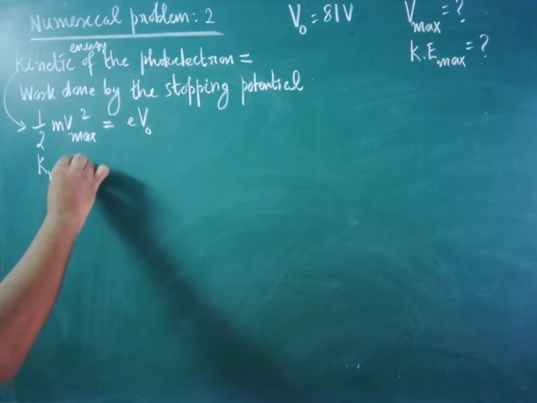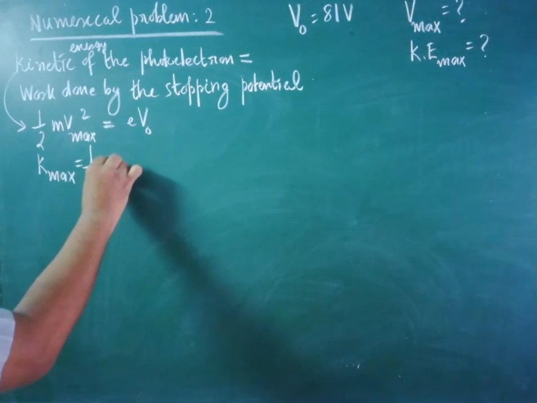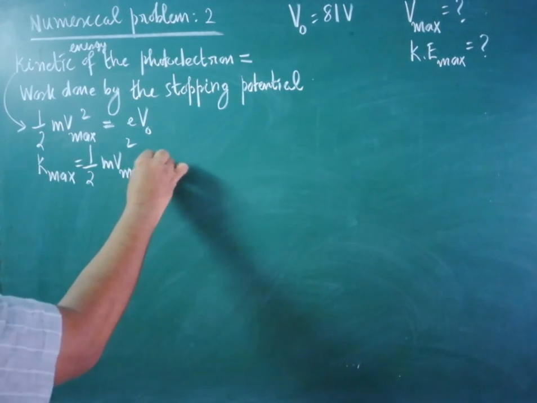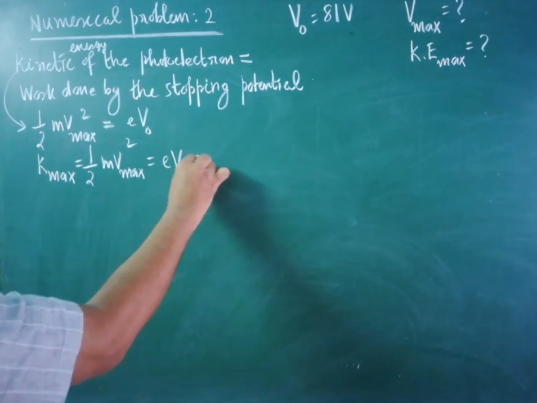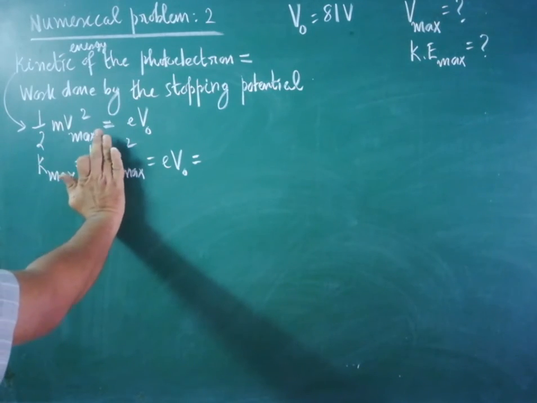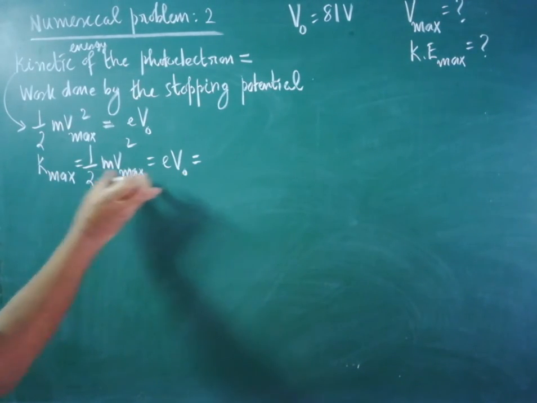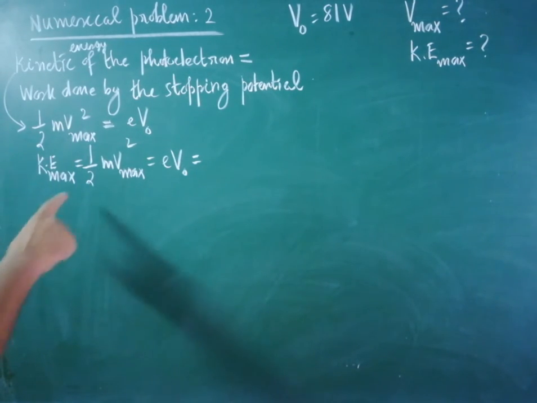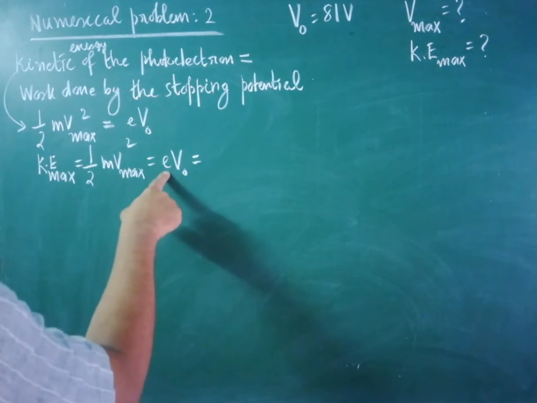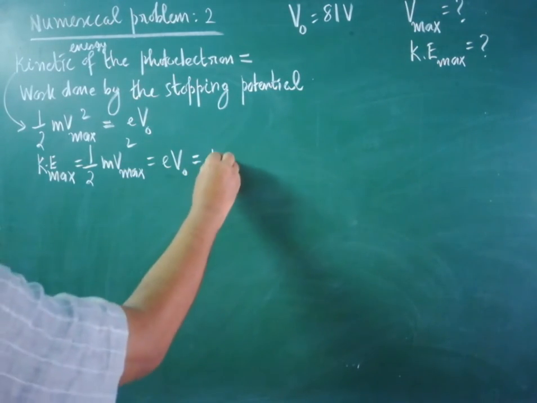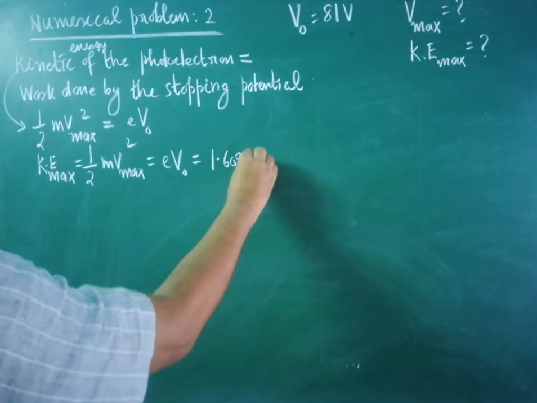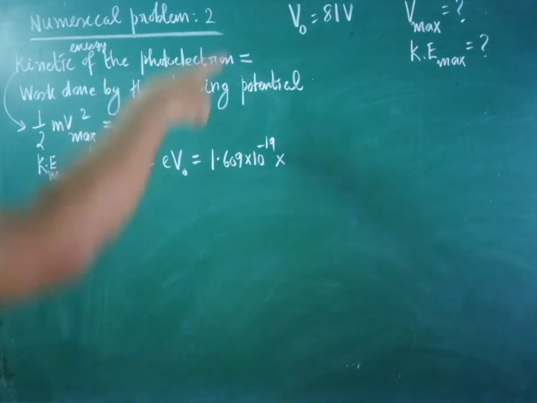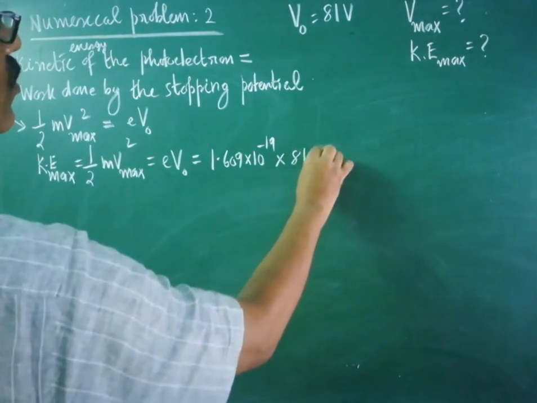K max is nothing but half m v max square, which is equal to eV0. So here you need not bother about this. If you calculate this part, that itself gives you the K max, that is kinetic energy max. Maximum kinetic energy can be obtained by using this formula. Here the charge of the electron value, 1.609 into 10 to the power of minus 19, must be written, into the stopping potential value, 81 volt.